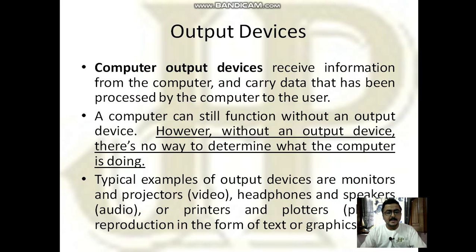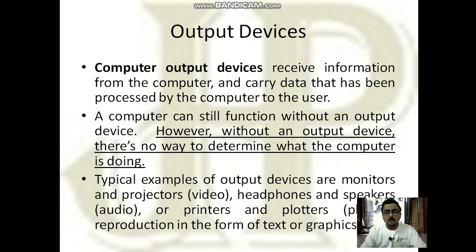A computer can still function without an output device. However, without an output device, there is no way to determine what the computer is doing or how the user can see the processed data. Clear?